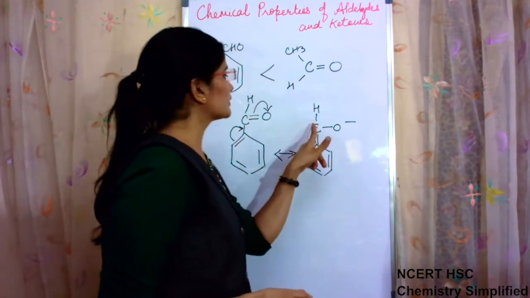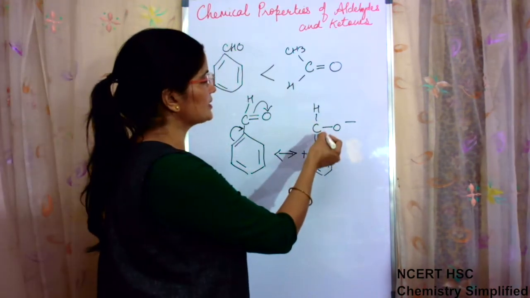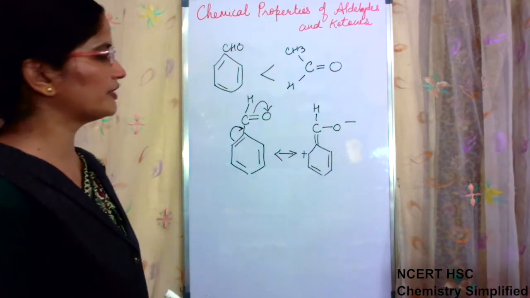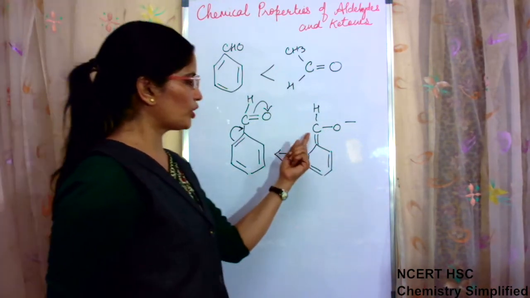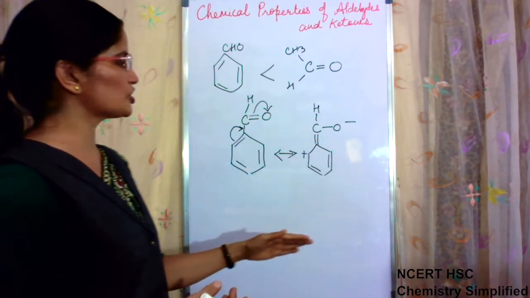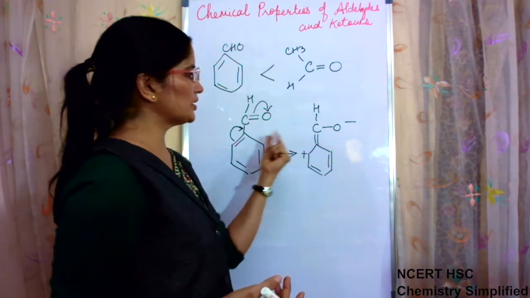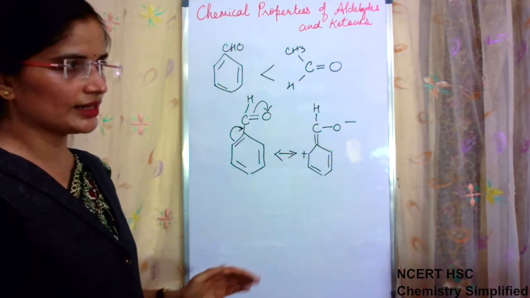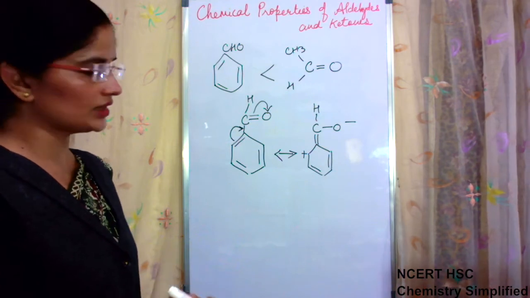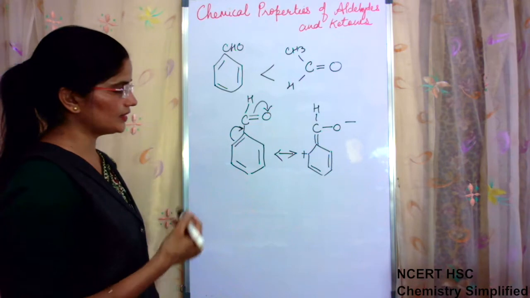The negative character on this has increased, and this is the reason its reactivity towards nucleophilic addition reaction will also decrease. Okay, so because of these resonating structures of the benzene ring, the carbon atom which is attached to the ring has become less electrophilic. Less electrophilic, that means it is not attracting the nucleophile with more strength. That is why its reactivity decreases.